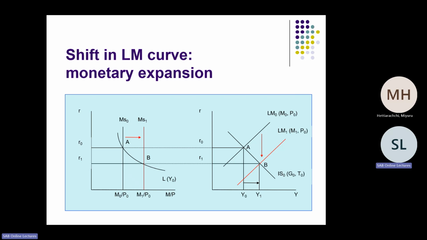That will raise aggregate demand and income. So that's why we see income increase from Y0 to Y1. So you can relate to that. As a result of this expansionary monetary policy action, income increases from Y0 to Y1 and the interest rate decreases from R0. So that is the monetary policy.